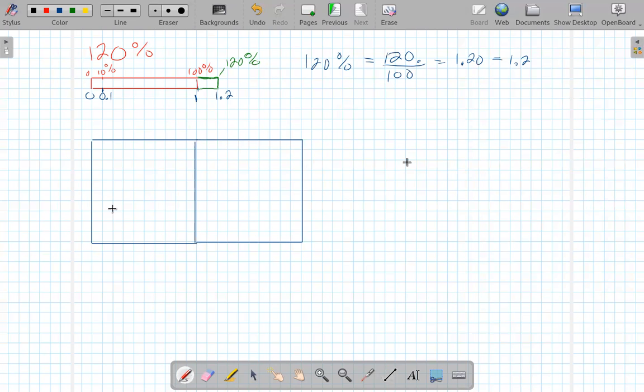To draw 120%, we have a lot of options. We know that the first square is 100. So then if we go over 1/10 and then 2/10, that right there should be 120, right? Think about the picture above. So in this case, let's pick a different color and draw a line here and then shade the 120%.